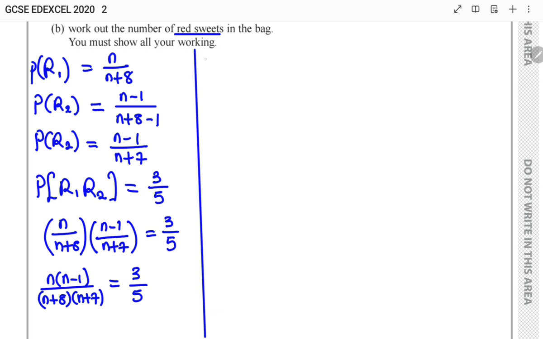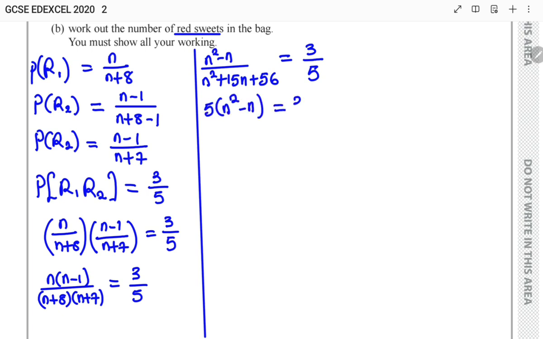Now, expanding that, I'm going to have n squared minus n, all over n squared plus 15n plus 56, equals 3 by 5. So you cross multiply, you're going to have 5 into n squared minus n equals 3 into n squared plus 15n plus 56.